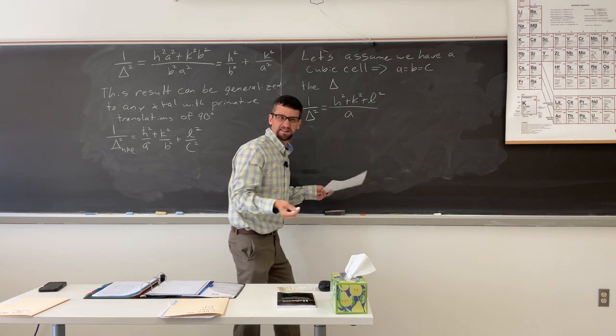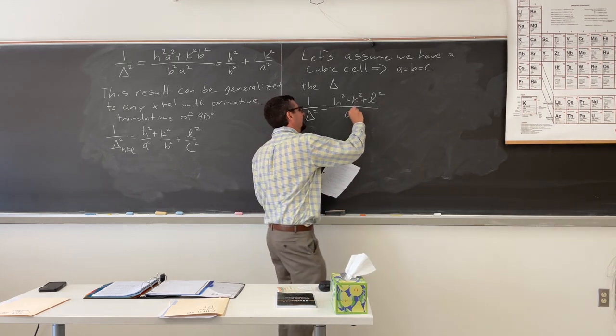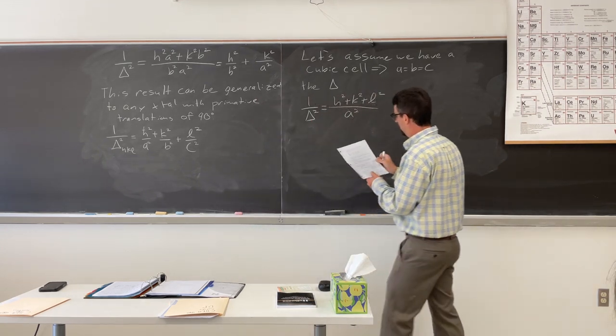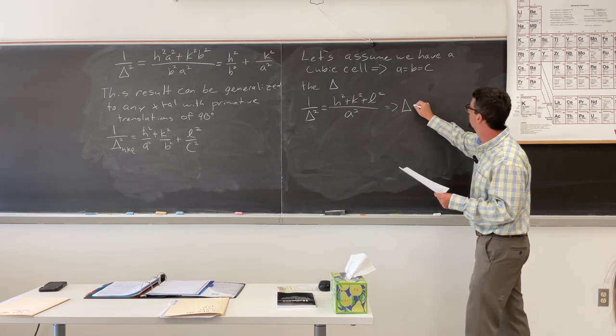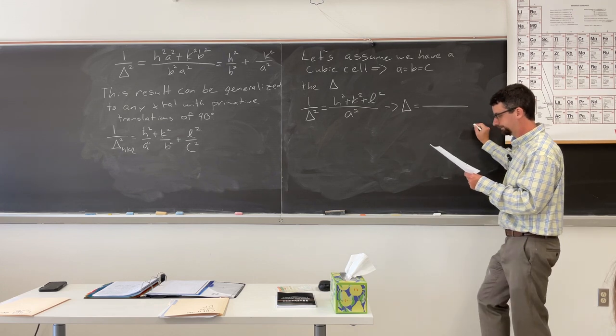Yep, and we can pick any lattice vector we want. I like A. So then if we manipulate this through and we want to get delta, what's delta equal to?